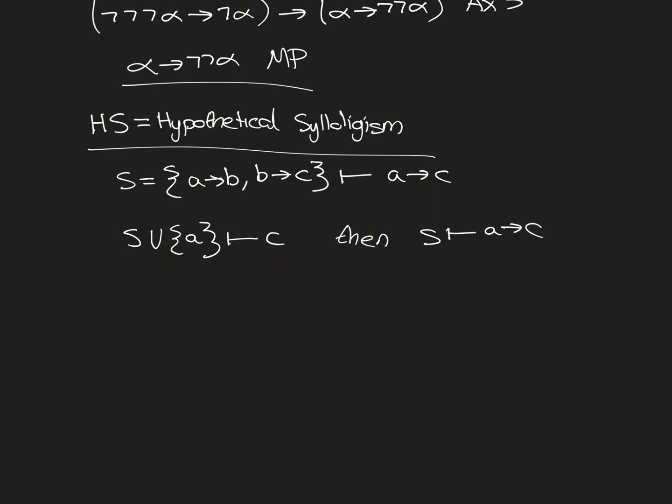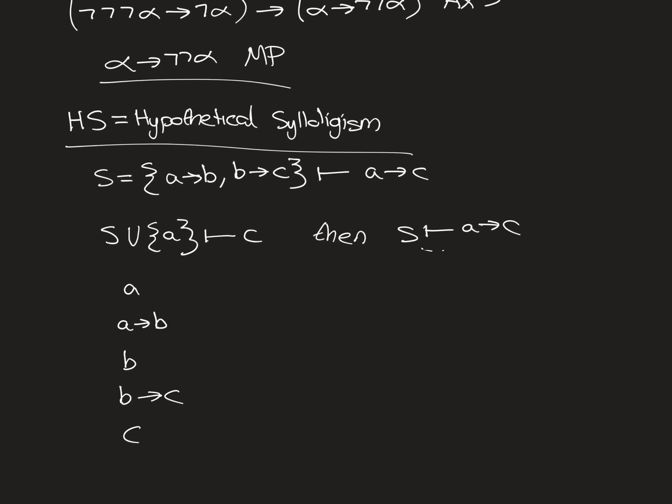We have A as a premise, we've got A implies B as a premise, so by modus ponens we then have B, but we then also have B implies C as a premise, so by modus ponens we have C. So we've proven C from this set of premises, so by the deduction theorem from just S we would be able to prove A implies C. So that's how you prove hypothetical syllogism.